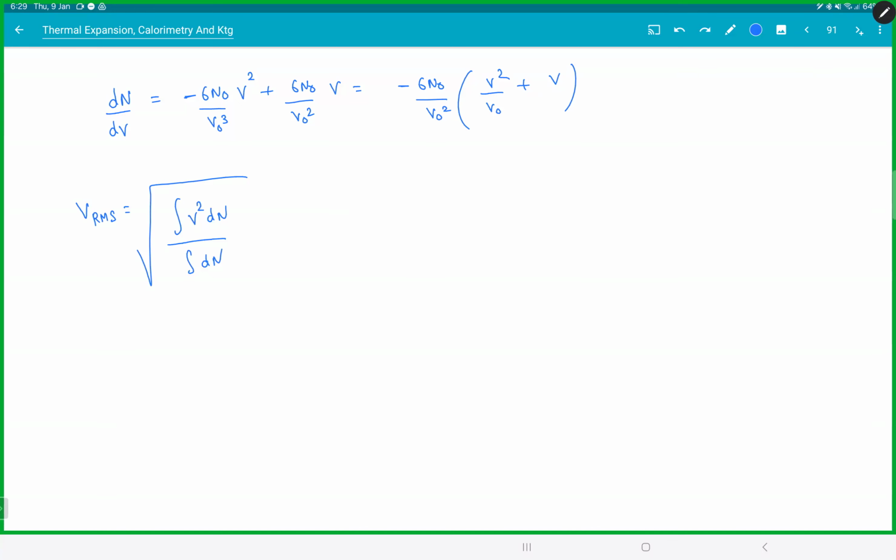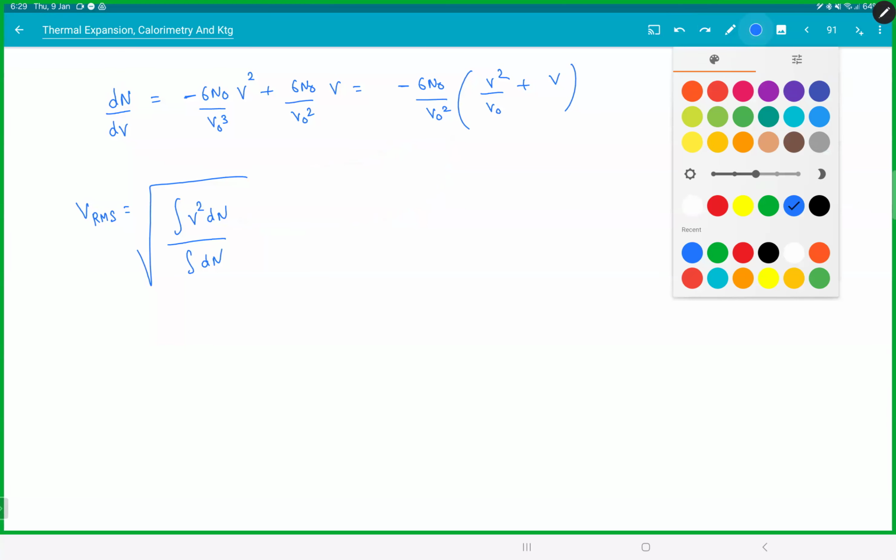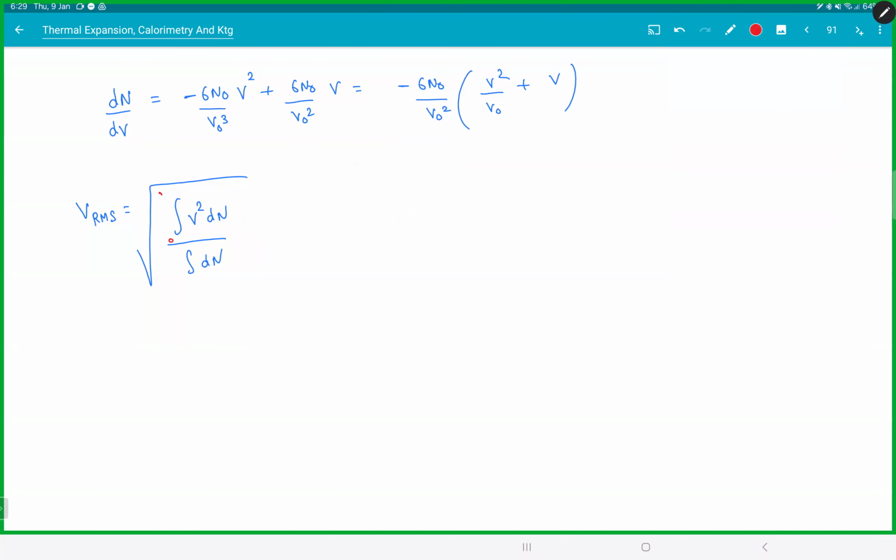I know dn by dv. So from here, get dn, send dv that side. Now take that and substitute here and integrate. And limits will go from 0 to v naught, and the denominator is n naught anyway. Shouldn't there be a minus sign in the bracket? Yes, that's a minus sign.